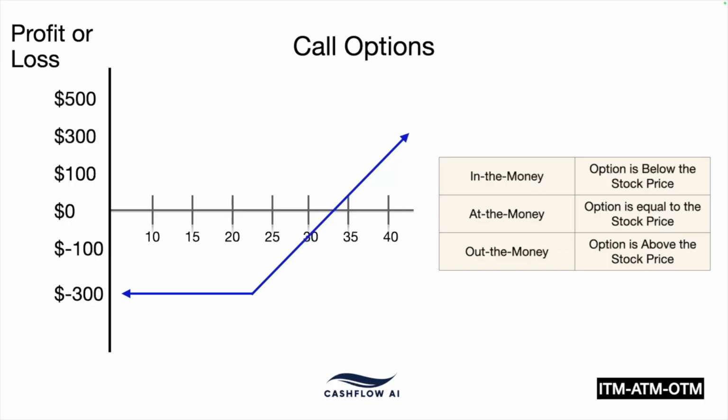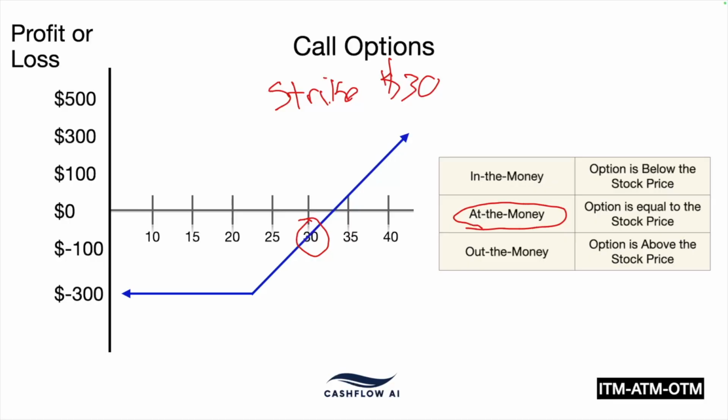So let's look at a graph that we drew before and try to clarify this a little bit more, okay? So let's say that we have a strike price of $30. We have an option with a $30 strike. And let's say that the stock is currently at $30. Well, that would be the at the money option.